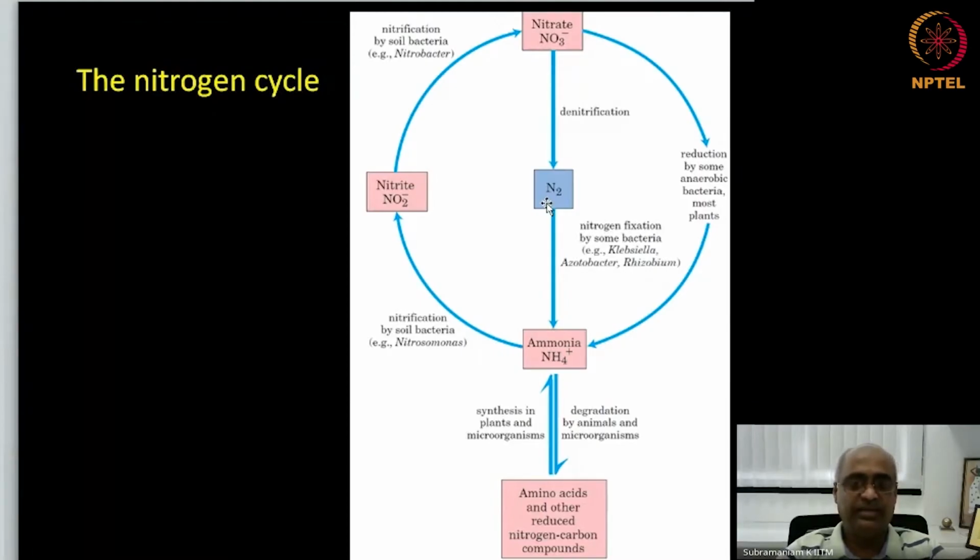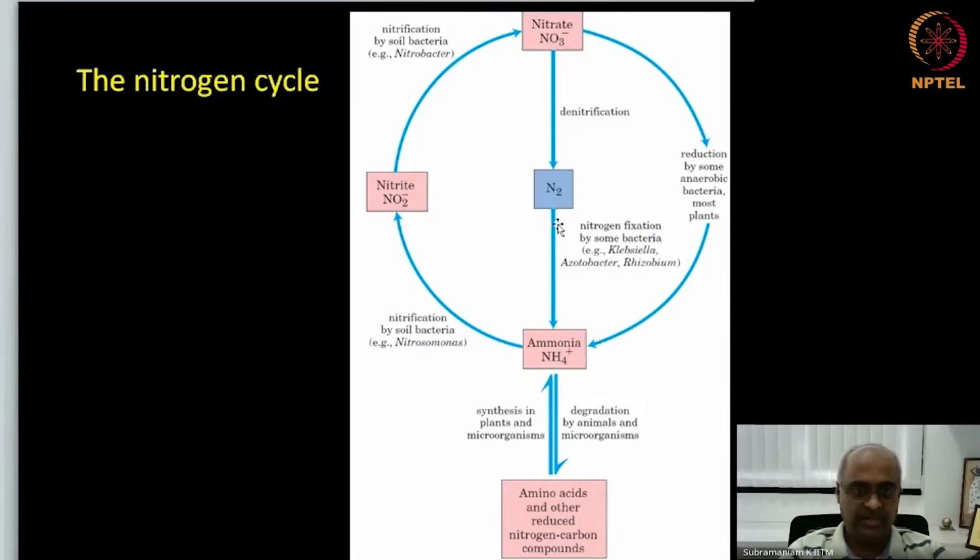For that, the nitrogen needs to be reduced, and that is done by nitrogen-fixing bacteria like Klebsiella, Azotobacter, Rhizobium. These live in the nodule-like structures in the roots of the legume plants, and some of them are free soil bacteria as well.